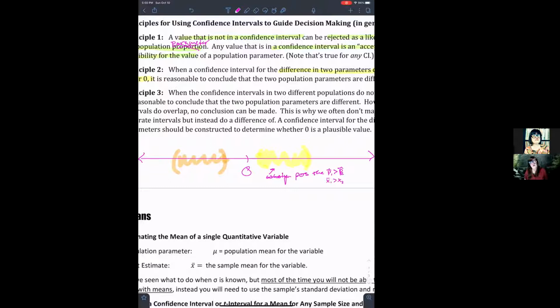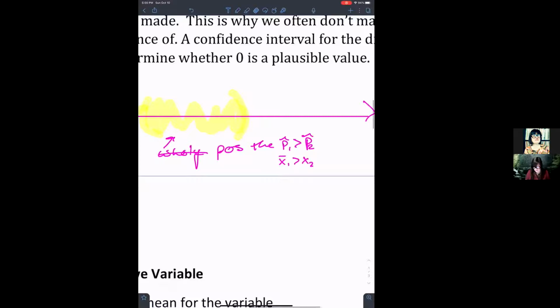And because this was so much larger than the other one, what really happened is it's insinuating that the parameter is actually bigger.